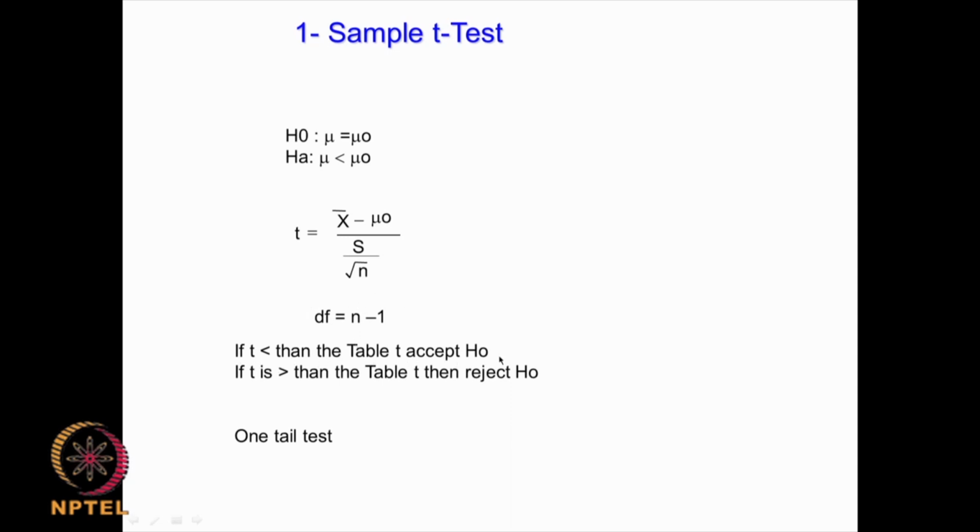Then we get from the table some t value. If the t calculated is less than the table value, we accept H naught. If t calculated is greater than the table value, we reject H naught. Okay, this is a one tail test because we are talking about mu less than mu naught. If mu is not equal to mu naught, then it becomes a two tail test.